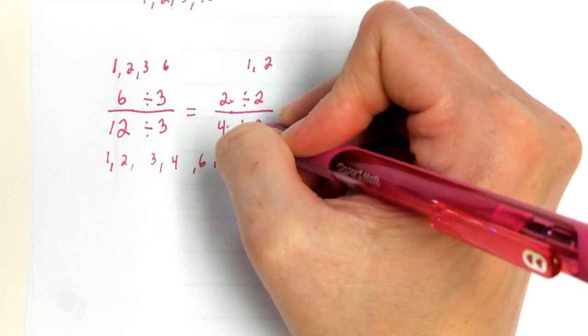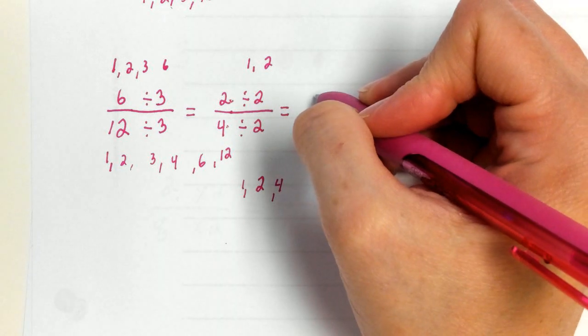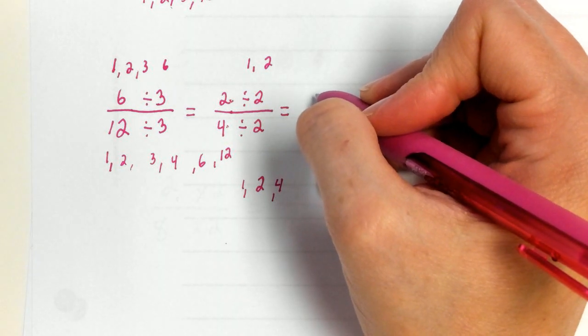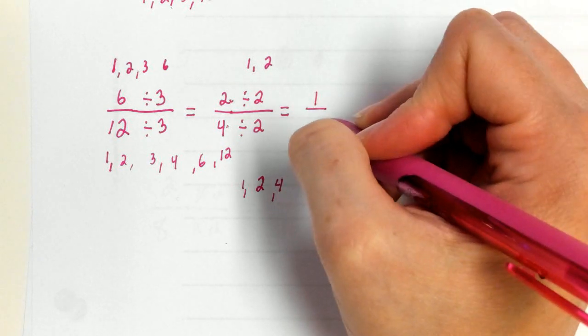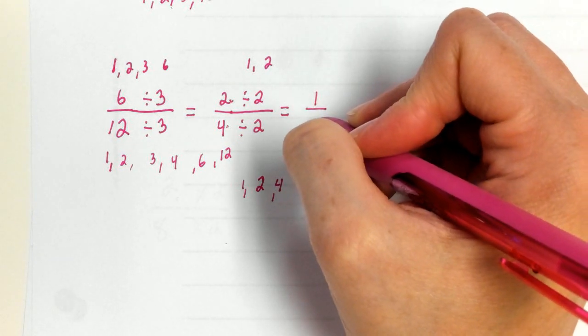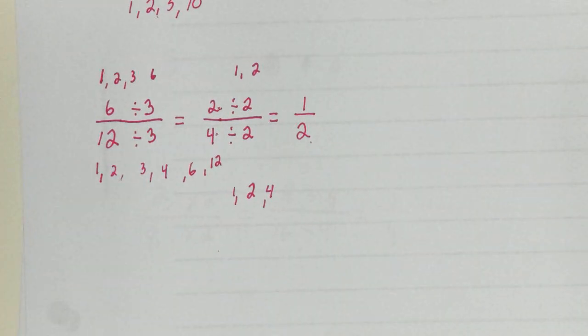So I'm going to divide the top number and the bottom number. So 2 divided by 2 is 1. 4 divided by 2 is 2. Is 1/2 equivalent to 6/12? Yes, it is. What do I mean by equivalent? Same size part of the whole.